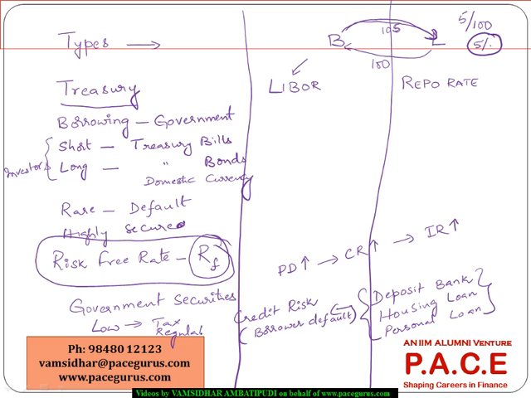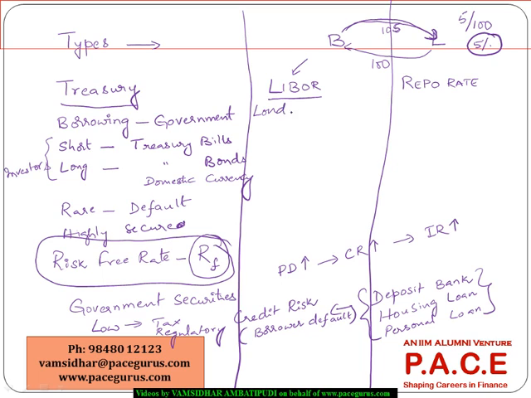So they are not a real reflection of the market. They are artificially low because of various tax and regulatory reasons, and that is where they try to use Libor for evaluating derivative securities.